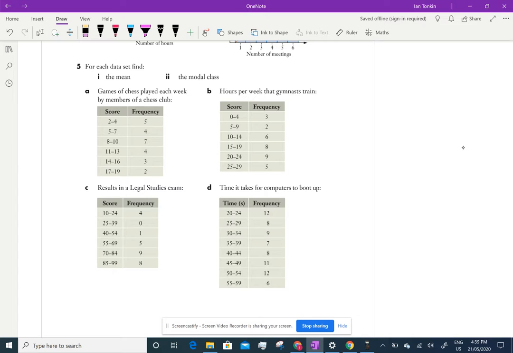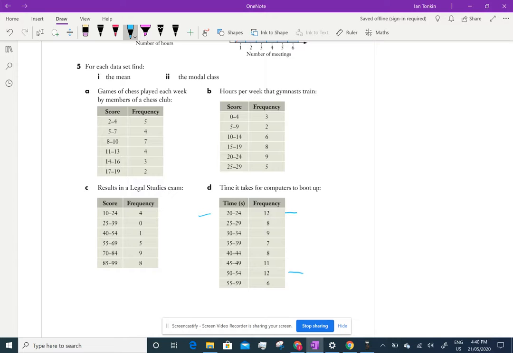Now, the modal class, when you get grouped data like we've got here, so here's groups of, how many are there, do you think? Groups of 5, right? 20, 21, 22, 23, 24. There are 5. This is grouped in 5s. So we're looking for the highest frequency, and we've got 2 modes. Well, that's a good one to do.